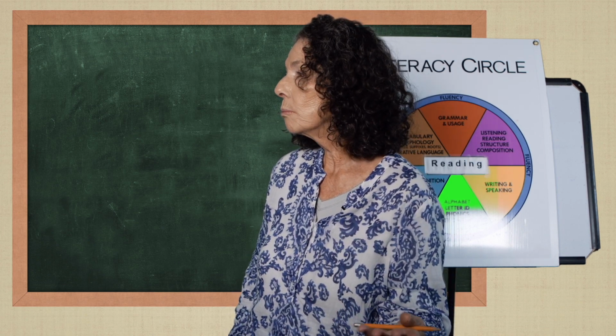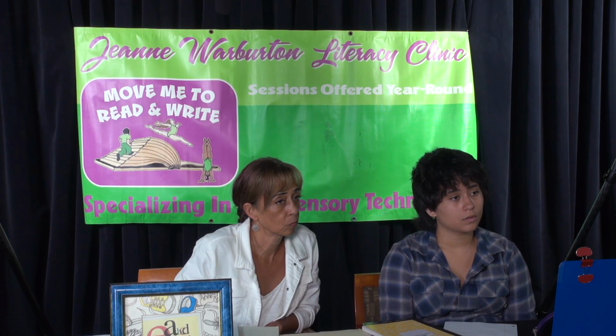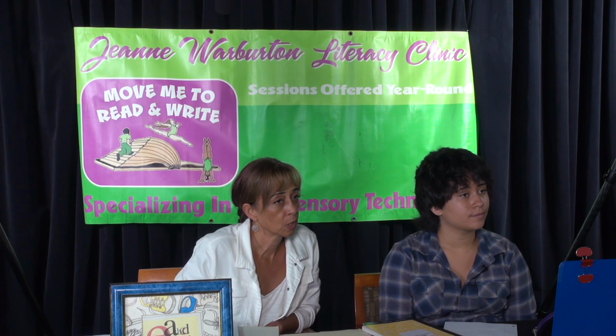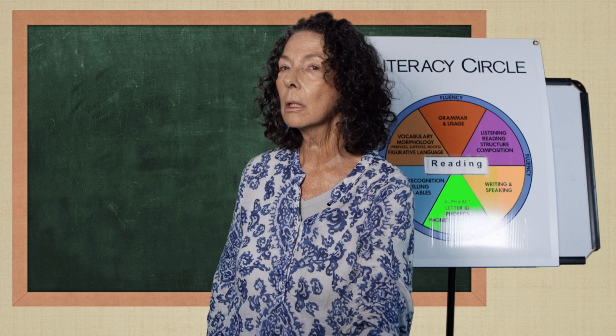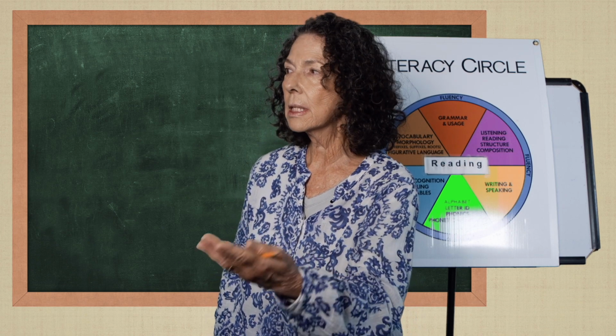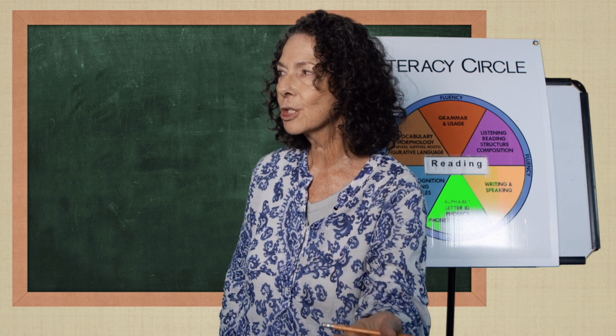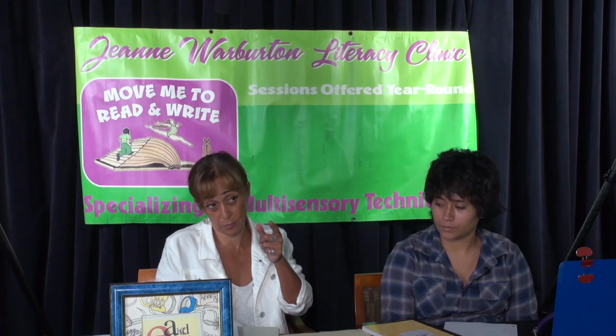Is it still music, or is it something else? Musician. Is it something that we hear, or is a musician something else? Okay, it turns it into a person. So I'm going to try it that way.